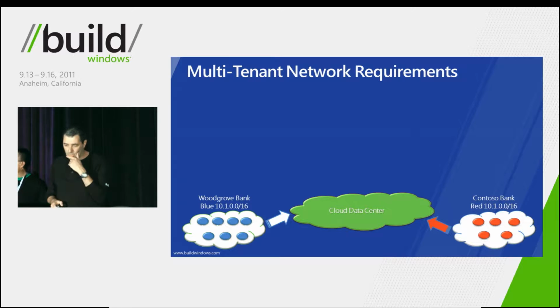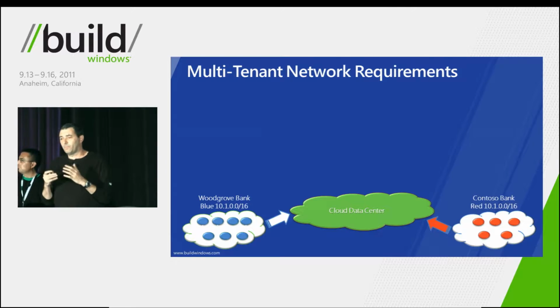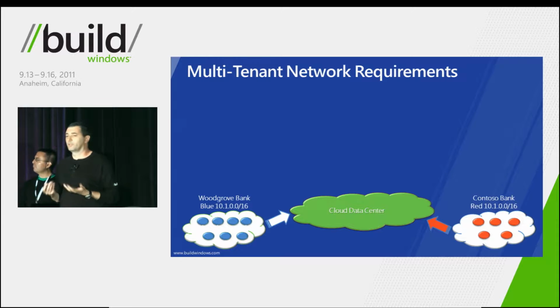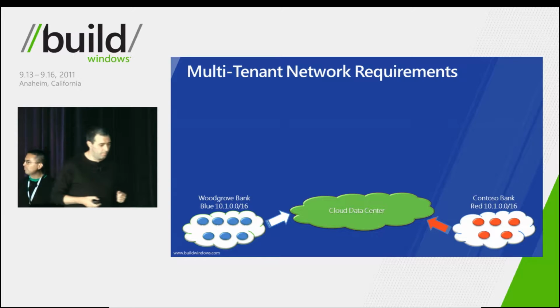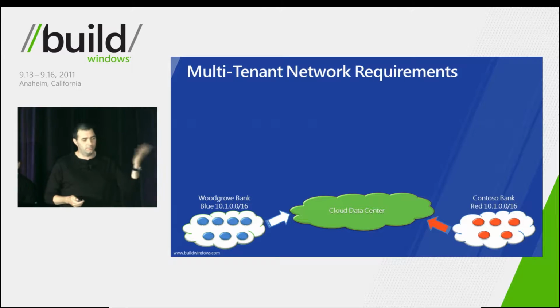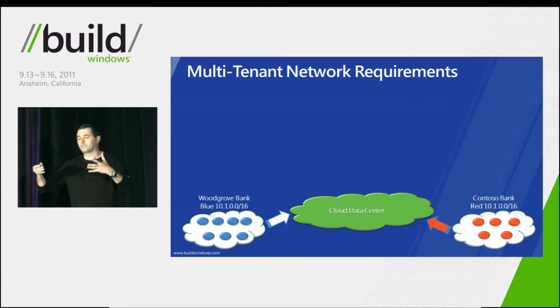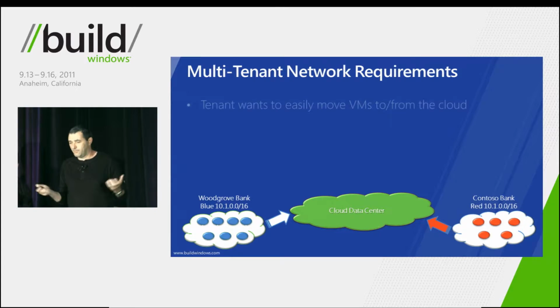Now let's talk about what this means in terms of the network. So think about this. You have Contoso and Woodgrove. Both have some workloads that they want to move into the cloud. They want to move their infrastructure into your data center as is. And what they really want is to make it easy.